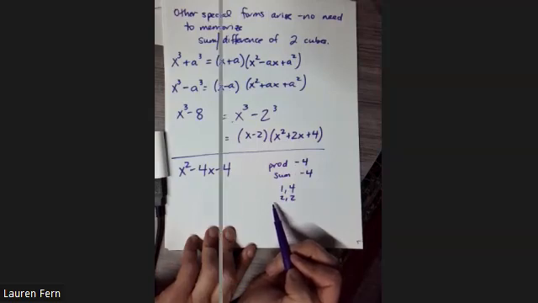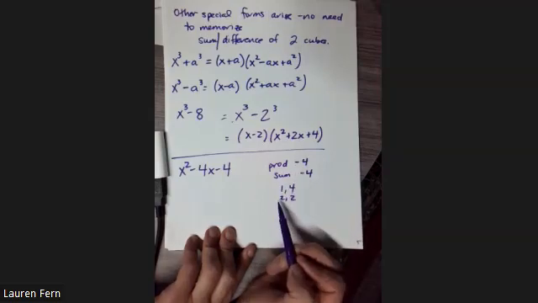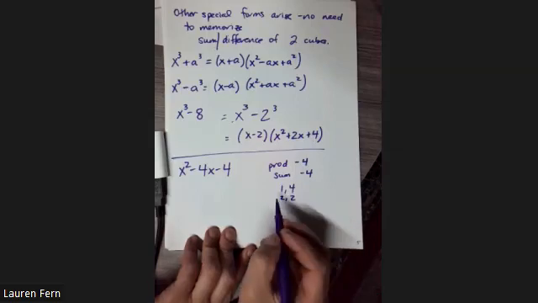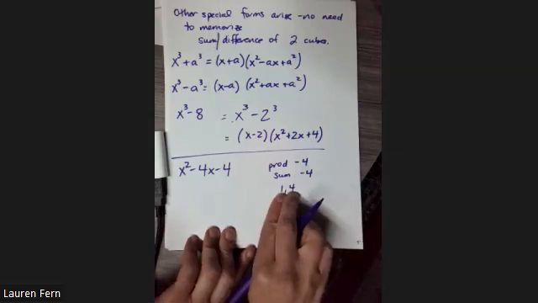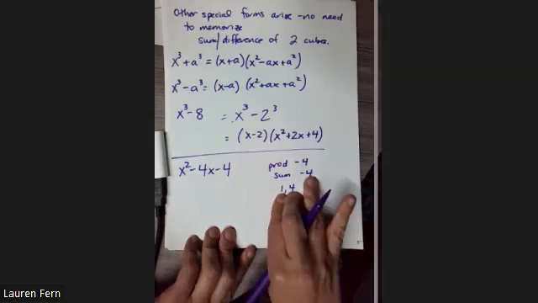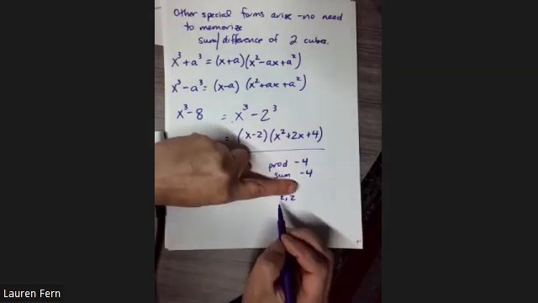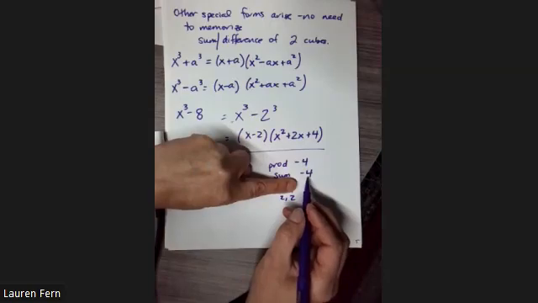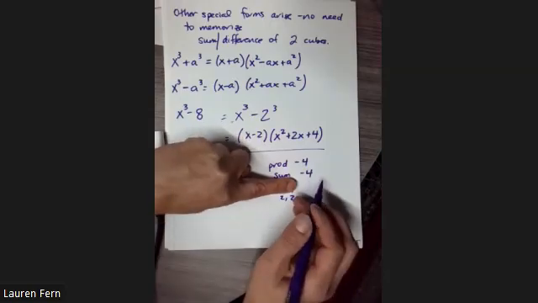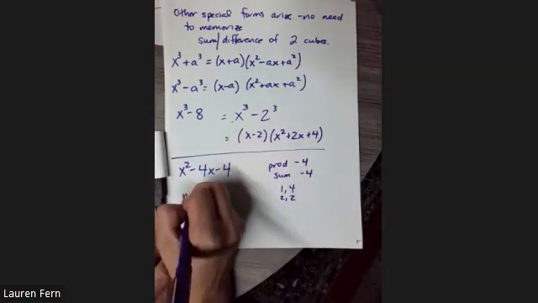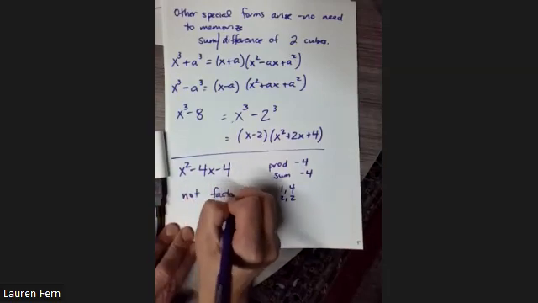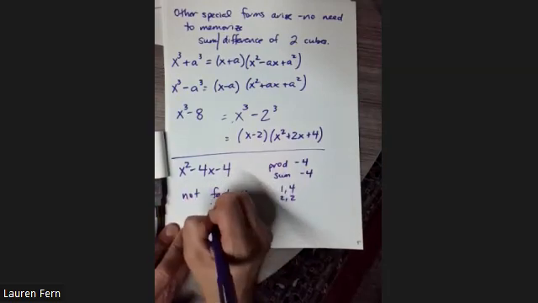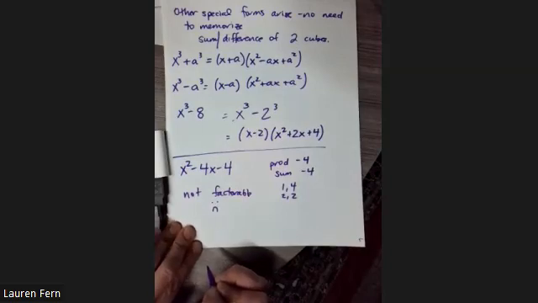Okay. Well, I claim there's no way to do this. Right? 1 and 4, there's no way for one to be positive and one to be negative to add up to 4. And 2 and 2, there's no way for one to be positive and one to be negative and add up to a -4. This is not factorable. Bummer. Okay.